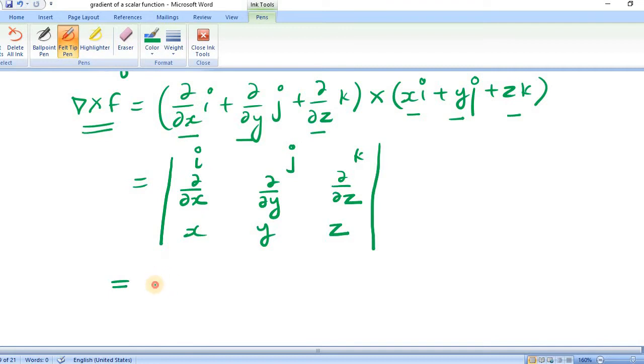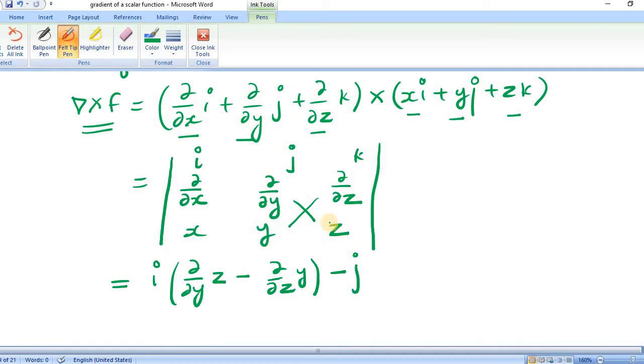So the first one will be i, and then the cross product of these two. So this is ∂/∂y of z minus ∂/∂z operated on y. Then this is a minus of j. Now we have to perform the cross product in these two, so ∂/∂x and ∂/∂z with x.